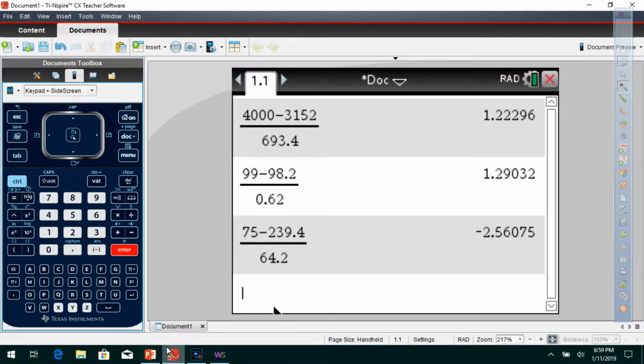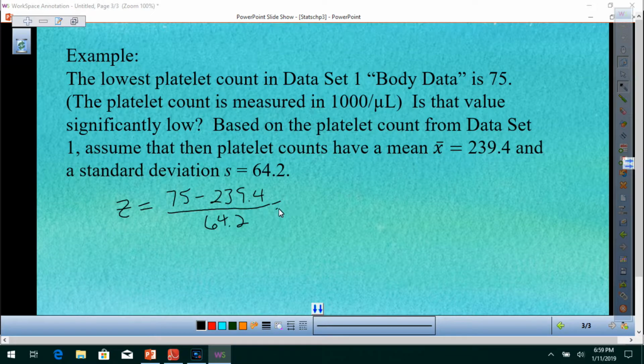And we get negative 2.56. So what does this say? The platelet count of 75 converts to a z-score of negative 2.56, which is less than negative 2.